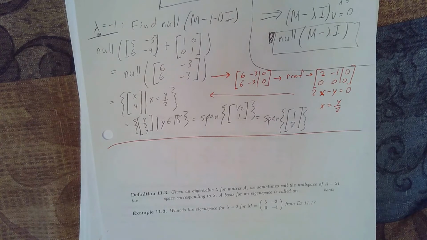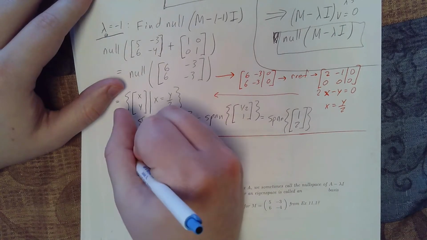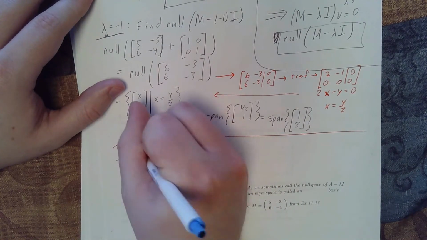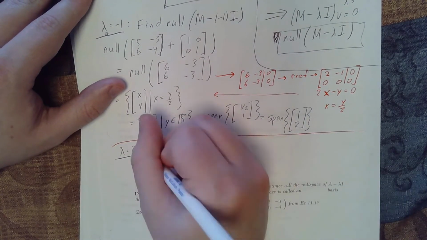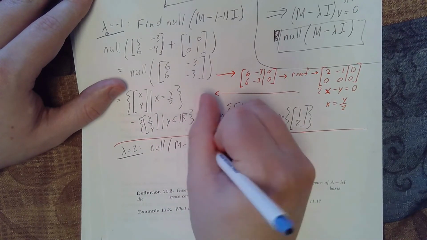If we want to go ahead and look at the eigenvectors associated with 2, what we'll do is we'll find the null space for our matrix minus 2 times the identity.